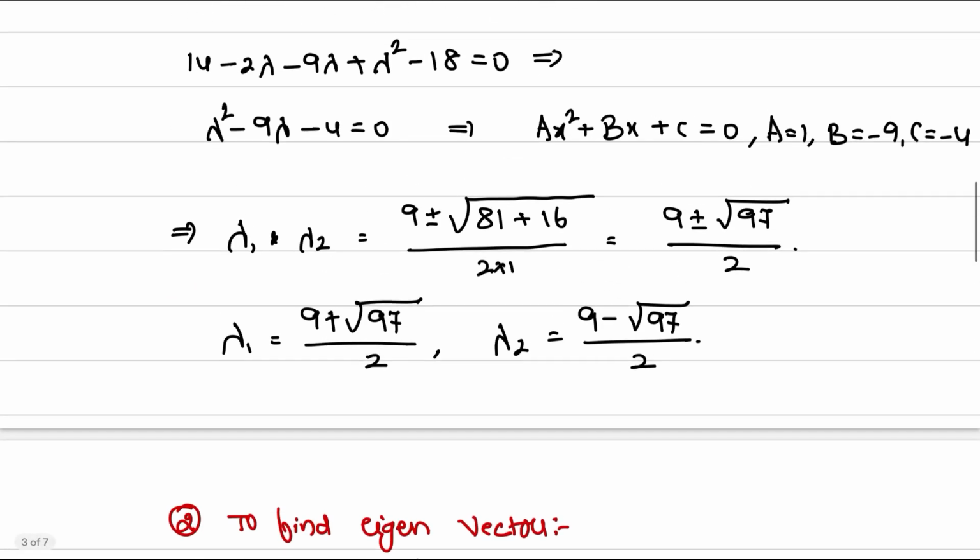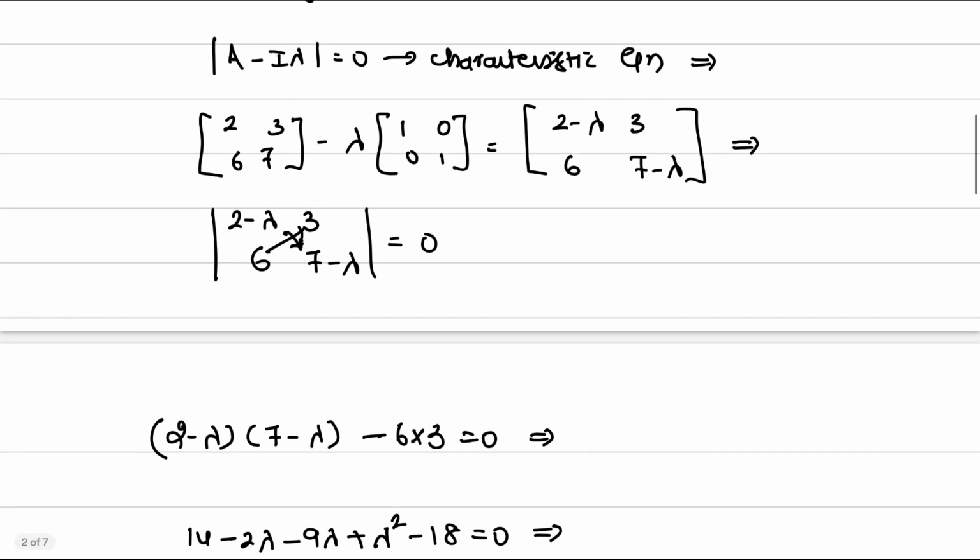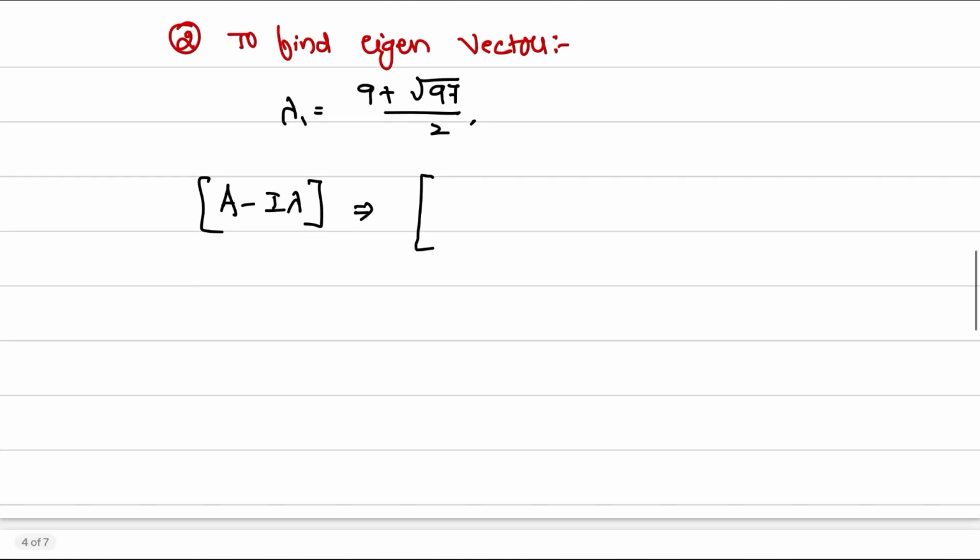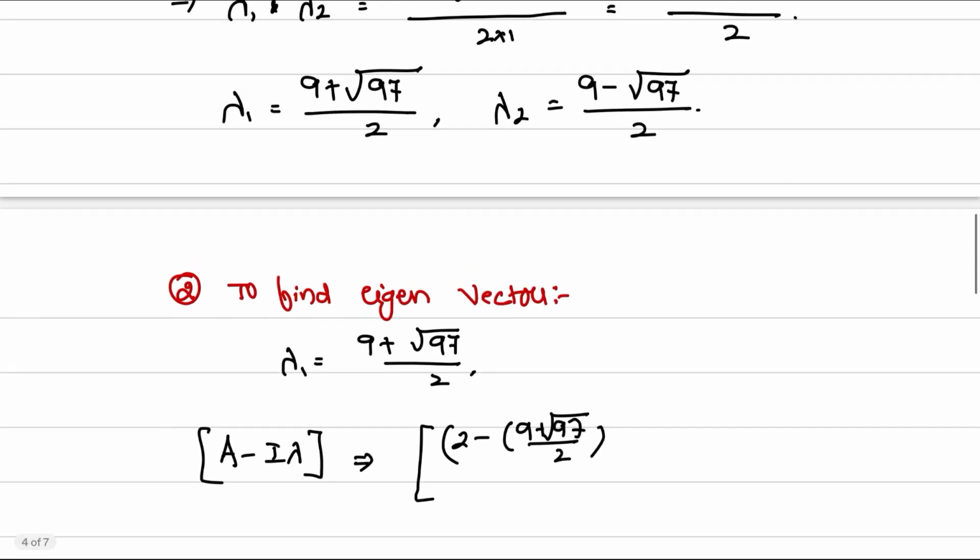A minus lambda I: what is the 2 minus lambda? 2 minus lambda means 2 minus lambda 1, which is 9 plus square root of 97 by 2. This is one value.